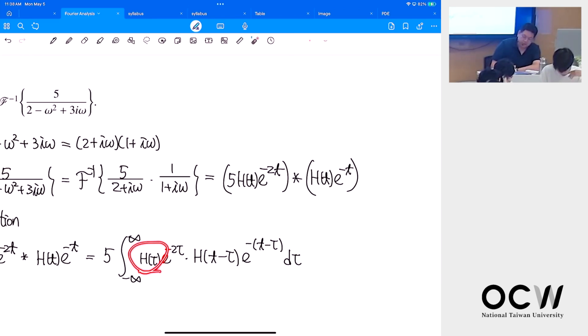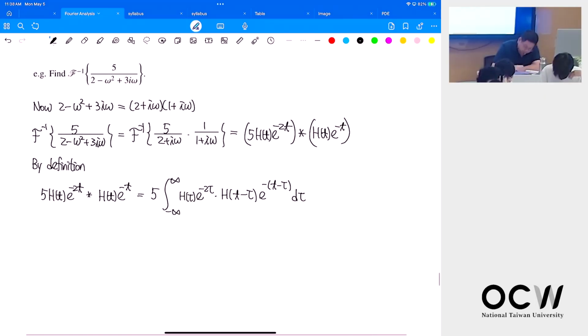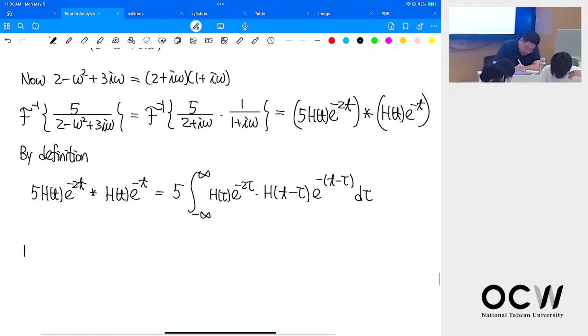So we have H of tau and also the Heaviside function of t minus tau. What is this two? I do the product. So we need to check H of tau times H of t minus tau.